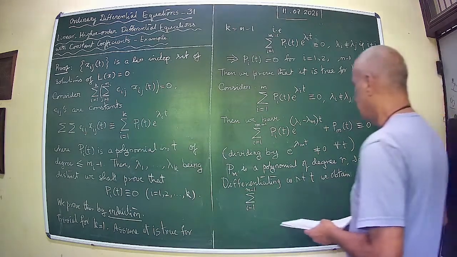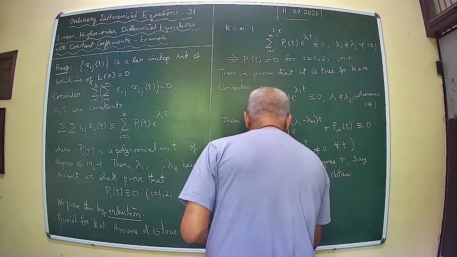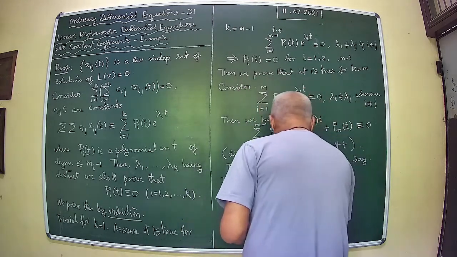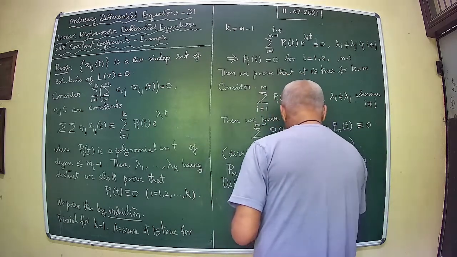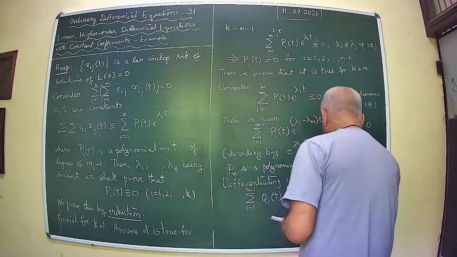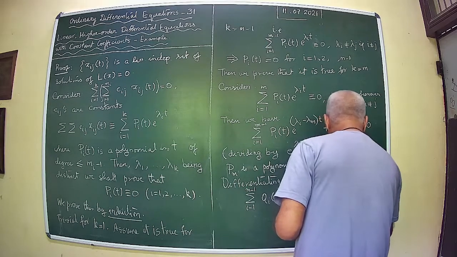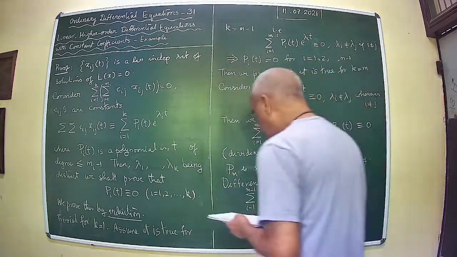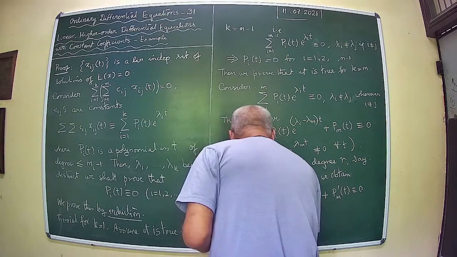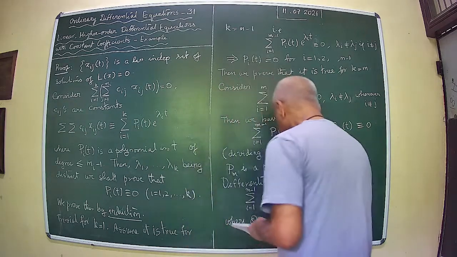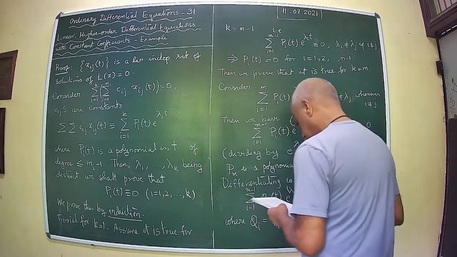Sorry, yeah, this is going to be something like this: qi t e to the power [lambda i t] plus zero, where qi is equal to pi derivative t plus [lambda i minus lambda m times pi t].